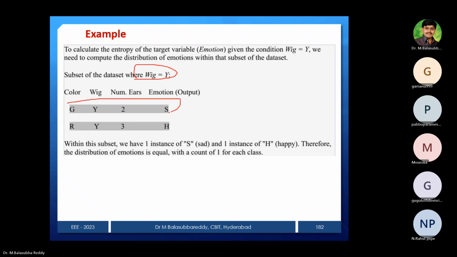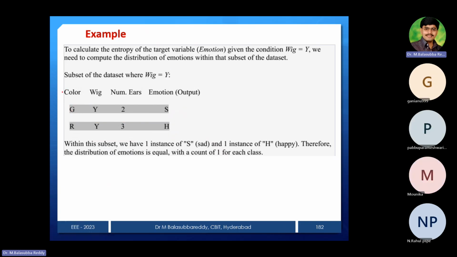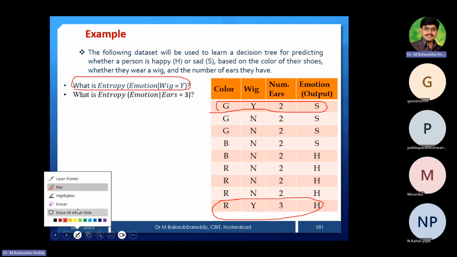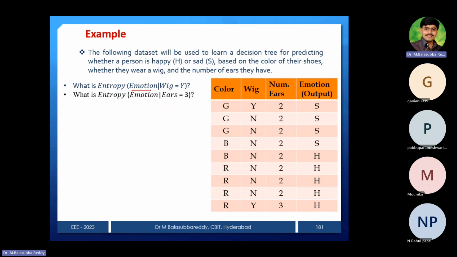One is color green, wing yes, number of ears 2, and emotion sad. And then color red, wing yes, number of ears 3, and emotion happy. This is the table we redrew from the previous one, because in the first problem they asked for emotion with wing is yes.